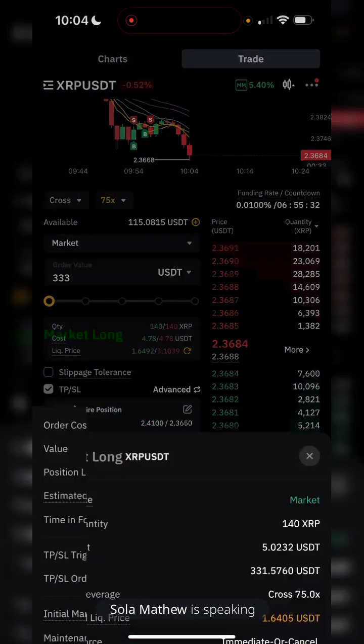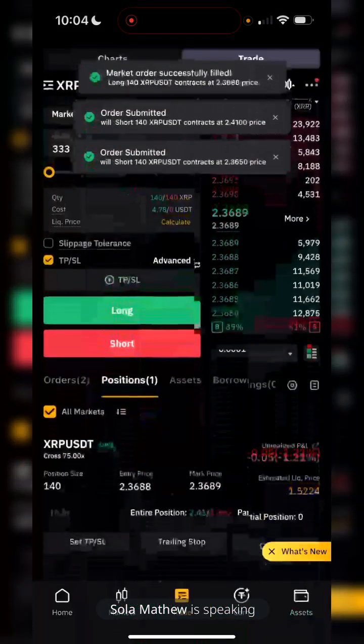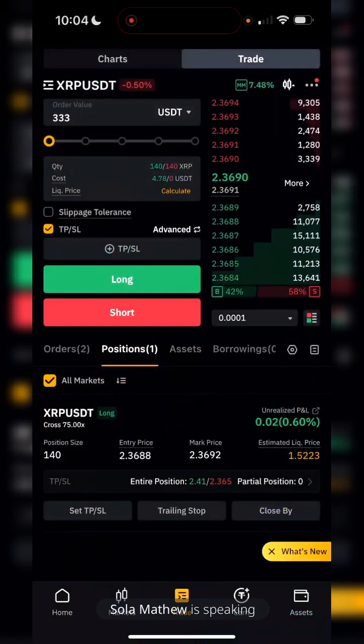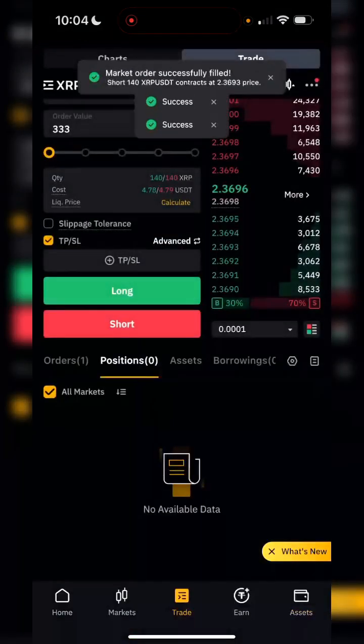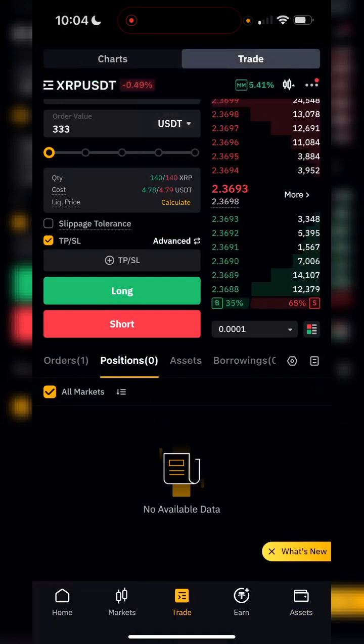Let's check it out and see what happens. Look at the thing. We see we are at profit now. Now that we know we are at profit, I can close this market. I'll just click on close buy. So I've made a little profit. That is how to do it.